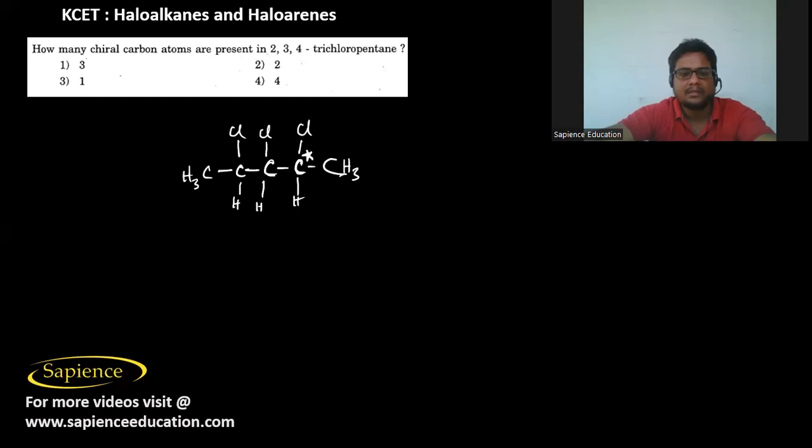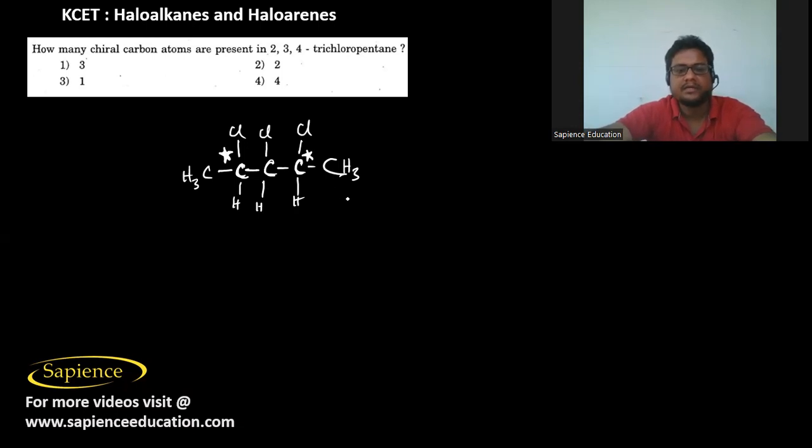And on the left end, we have one carbon which has all 4 groups different. All the four groups attached to this carbon are not the same. So this carbon is also a chiral carbon or an asymmetric carbon.